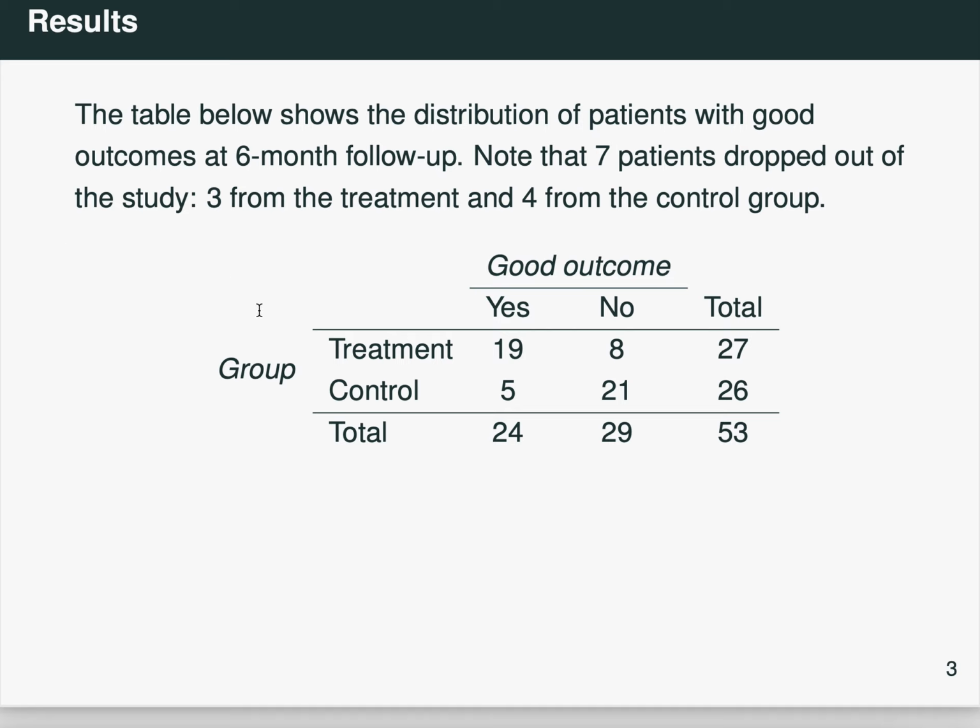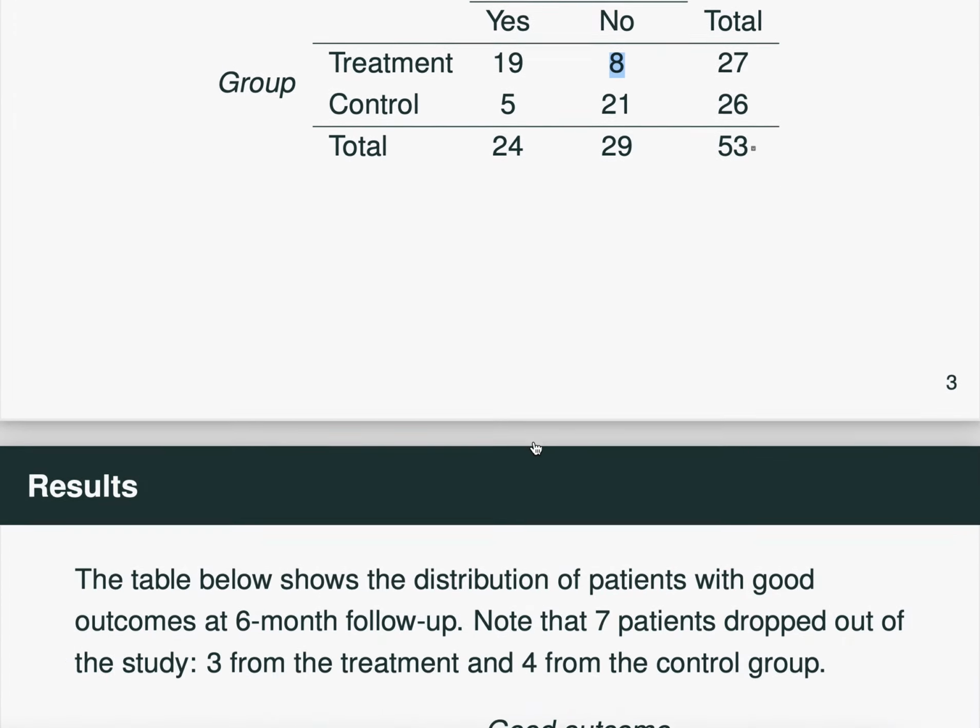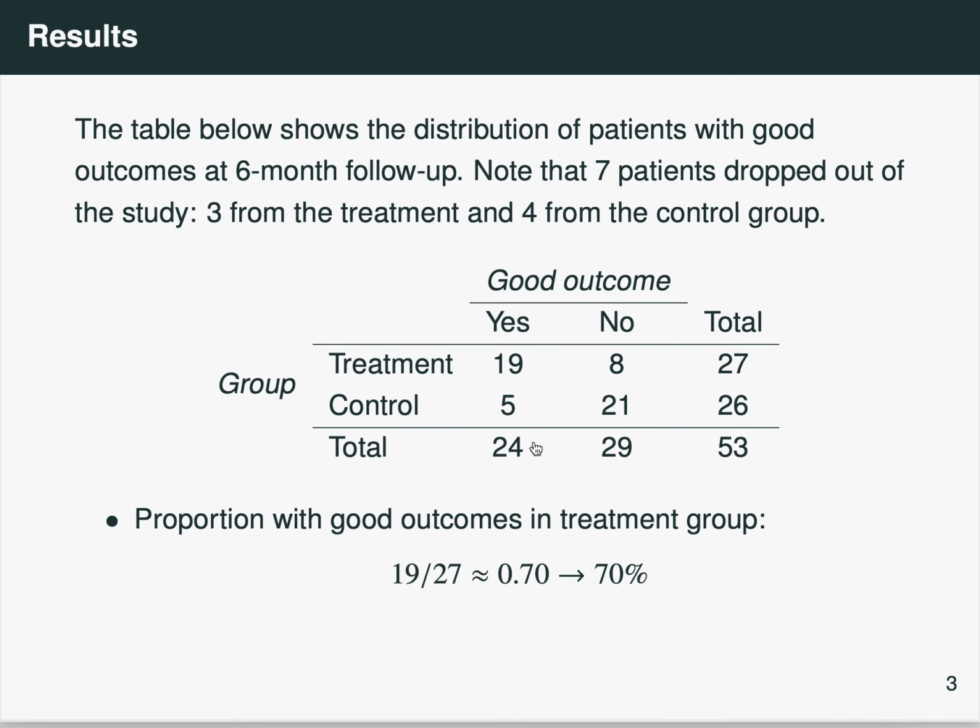So if we look at the good outcome, we had 19 positive outcomes from the treatment group. We had 5 positive outcomes from the control group. And then we had 8 negatives, or no outcome, no change, and then 21 with no change out of the control group. So if we consider these results and we look at this distribution table, the proportion of people with good outcomes would be 19 over the 27 because there were 27 total people in the treatment group.